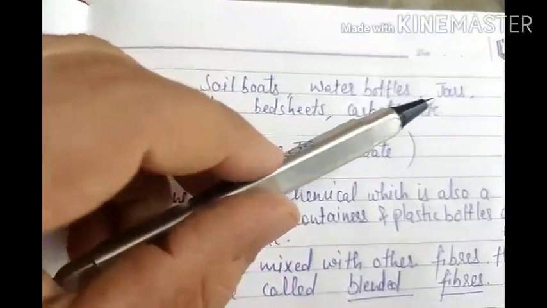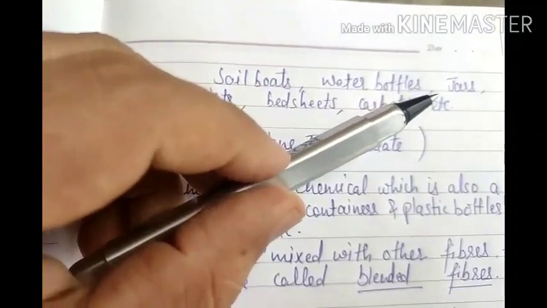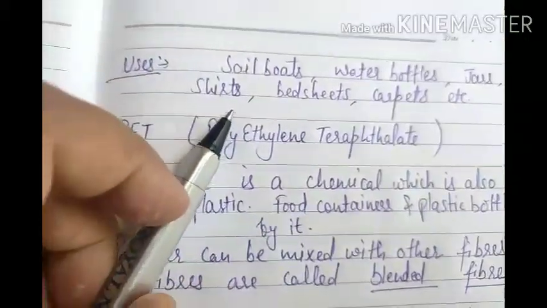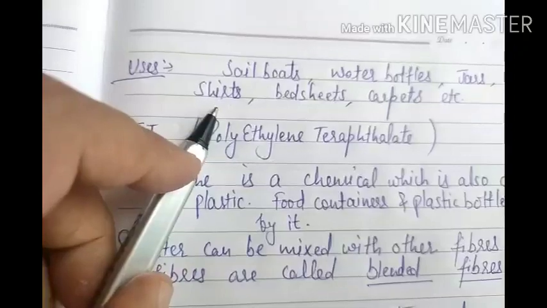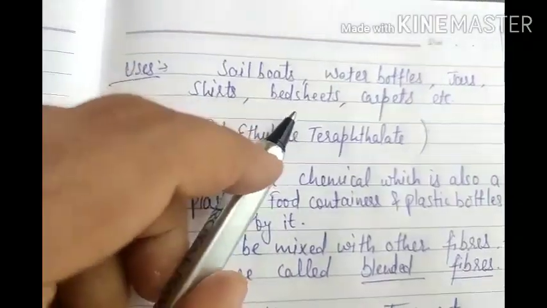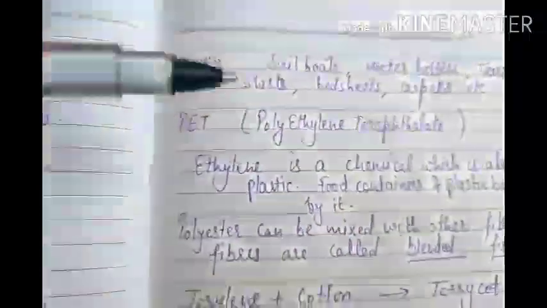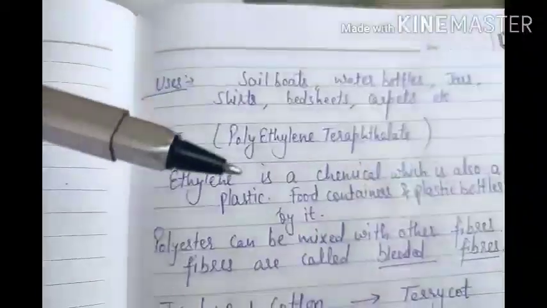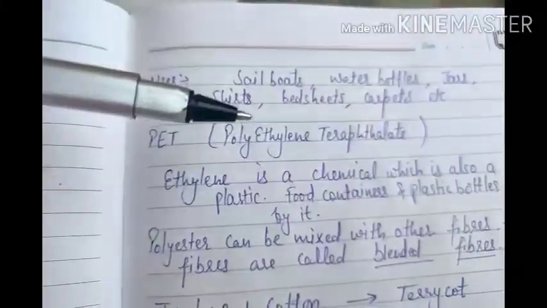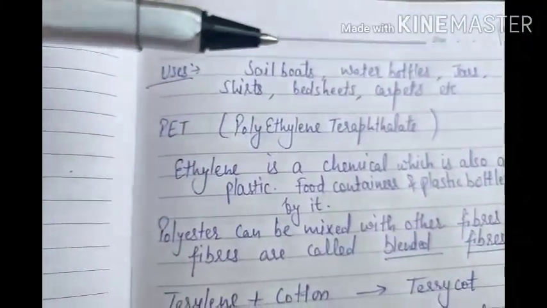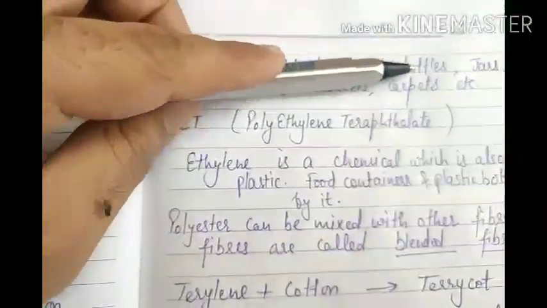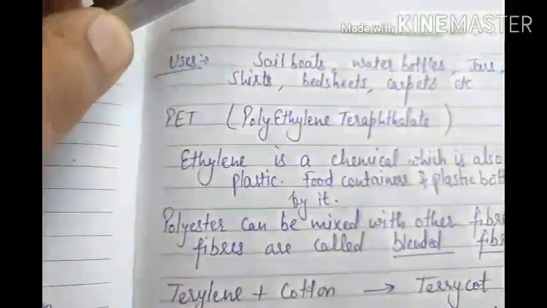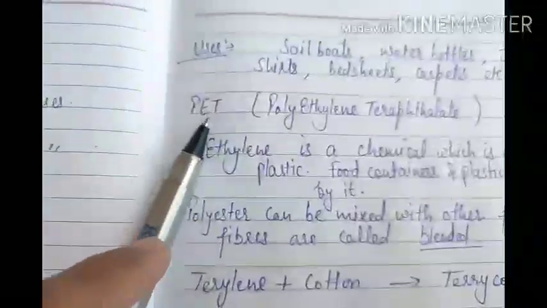Jars, plastic jars which you use to keep ingredients. Shirts, some shirts are made of polyester. Bed sheets and carpets. So these fabric products are made from it, and plastic products are also made from it. Now the question is, why are plastic products made from this? Because it contains this kind of product also.